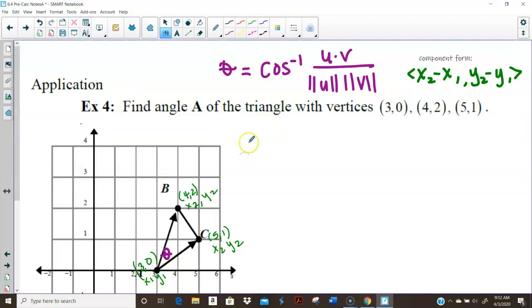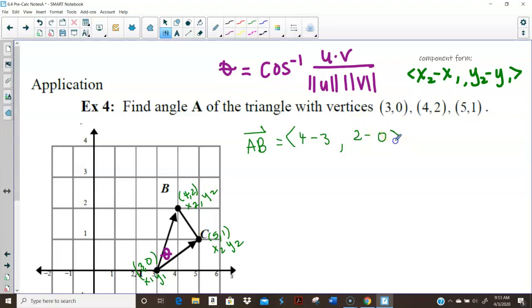So we're going to do vector AB, and we learned this in section 6.3, and we're going to put this vector in component form. To do that, it's x2 minus x1, so this is going to be 4 subtract 3, and then y2 minus y1, 2 subtract 0.